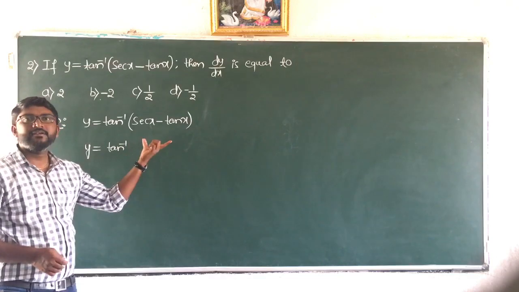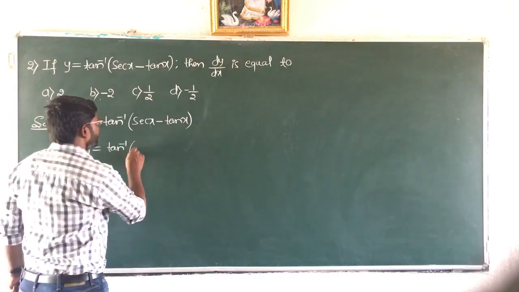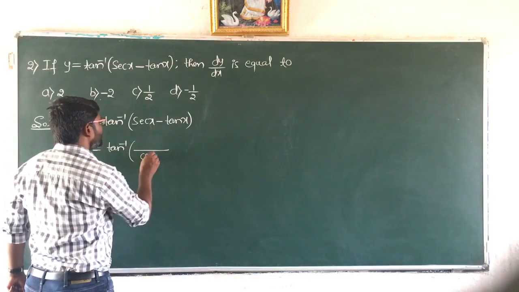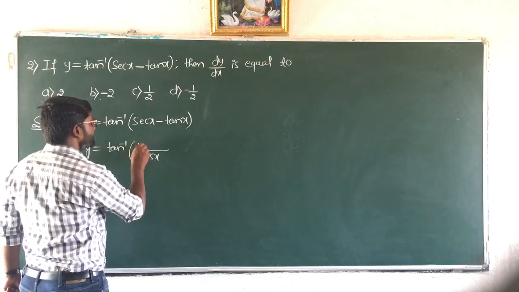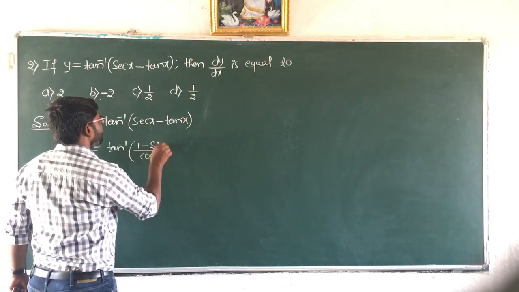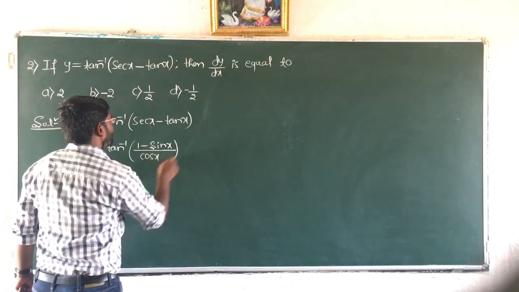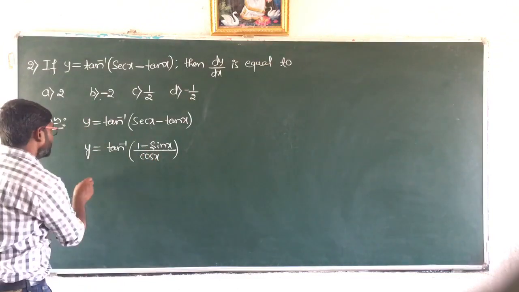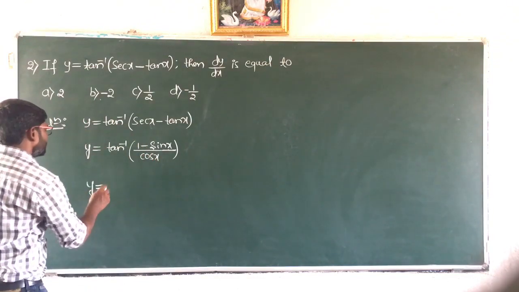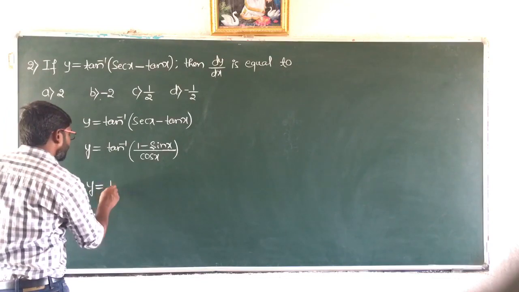We will have the same denominator, so the LCM is going to be cos x. The numerator becomes 1 minus sin x. So now y is equal to tan inverse.